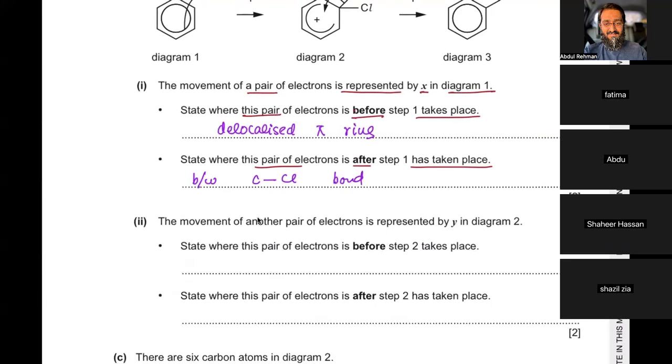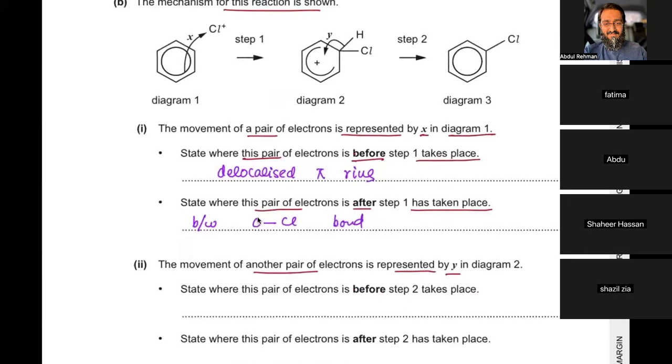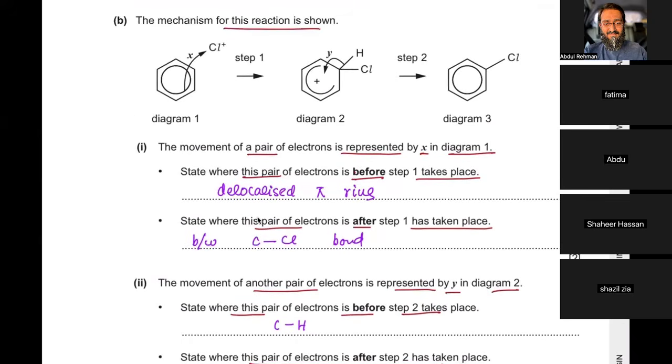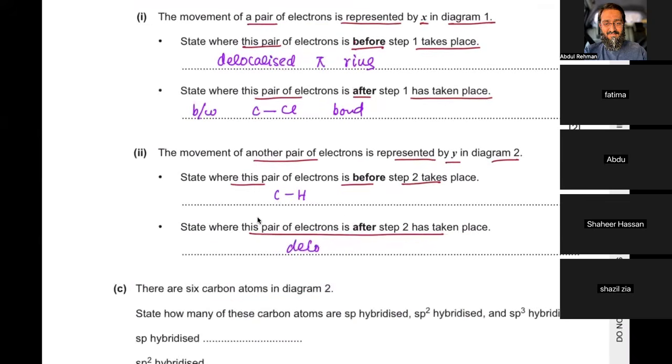Now, the movement of another pair of electrons is represented by Y in diagram 2. State where this pair of electrons is before step 2 takes place. So before step 2 takes place, it is between carbon and hydrogen. State where this pair of electrons is after step 2 has taken place. So again, delocalized pi system. So the delocalized pi system is restored, right?